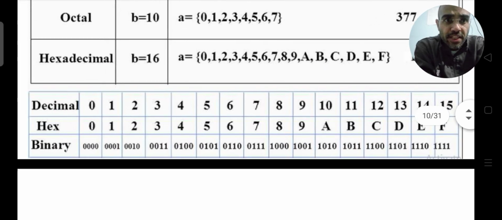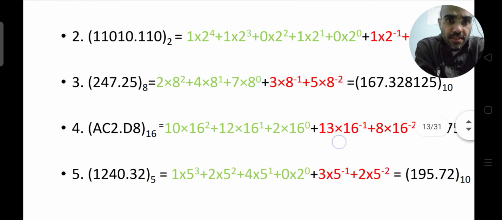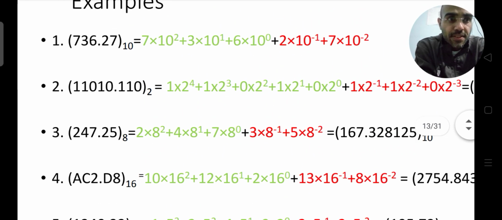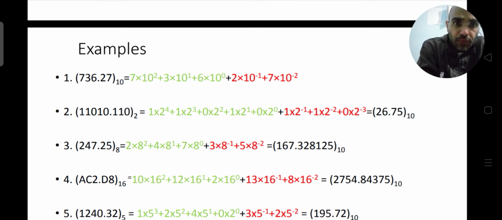So if you get any number in hexadecimal number system and the number is an alphabet, then we have to represent it with the corresponding decimal number before multiplying it with the power of the base. Following the same procedure, we get the number in the decimal number system.